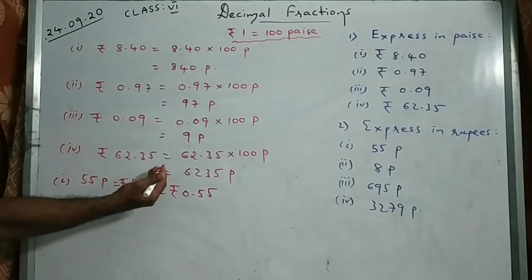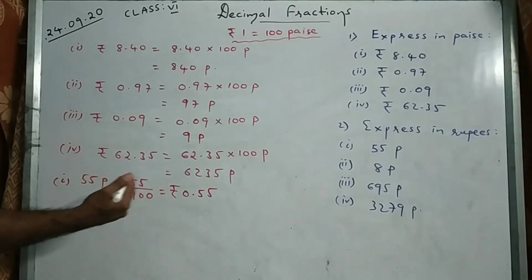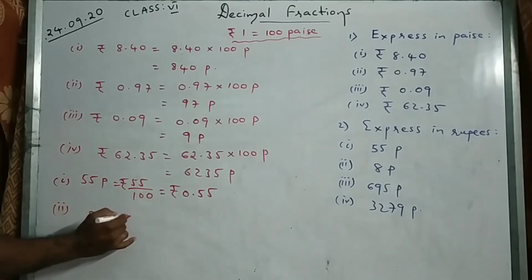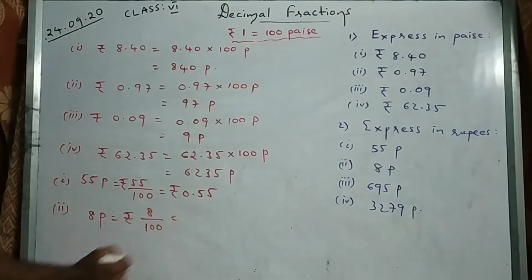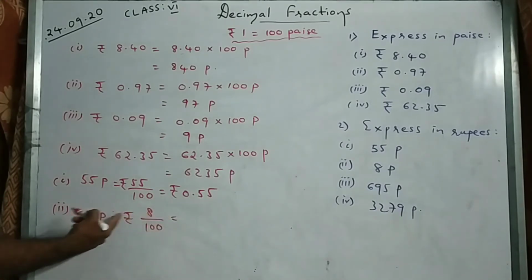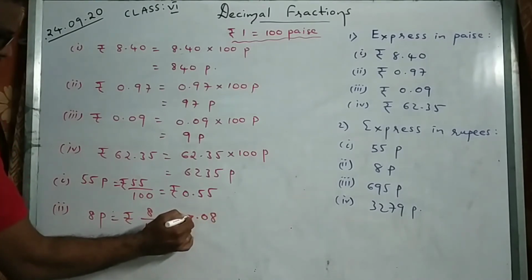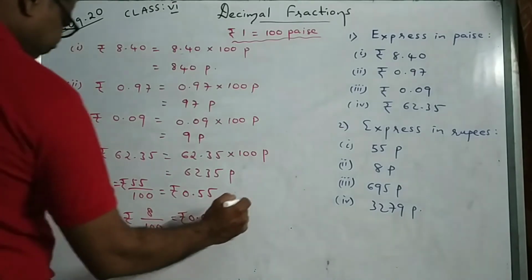After 2 digits you should keep the decimal. Whenever we divide, we have to move towards the left side. Don't forget that. So 8 pies means 8 by 100 rupees. Here we have to keep the decimal after 2 digits, but you have only one digit, 8, so the other digit must be 0. So rupees 0.08.